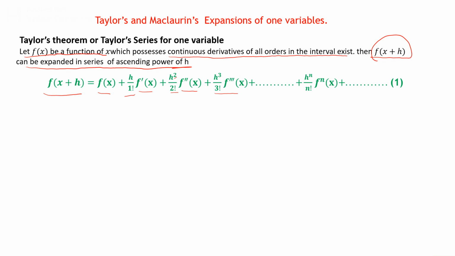Here f'(x), f''(x), f'''(x) show the derivative of a function with respect to x one time, two times, three times. Here the dash represents the differentiation of the respective order.